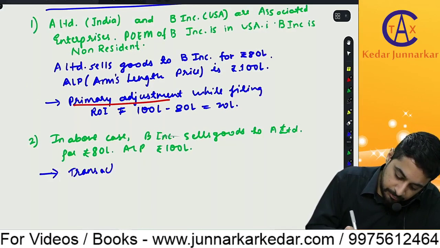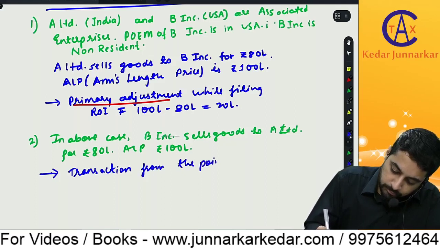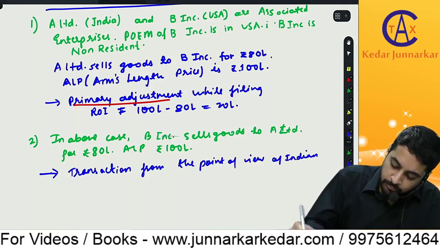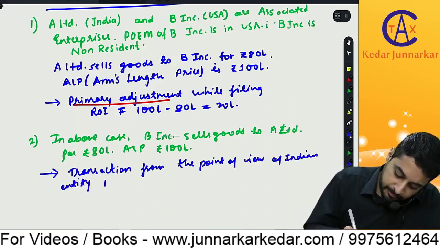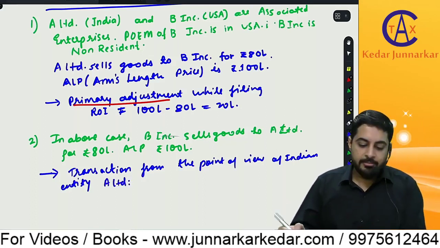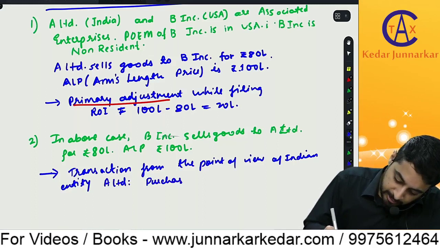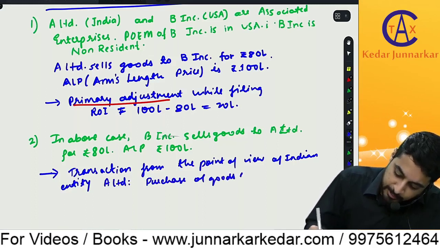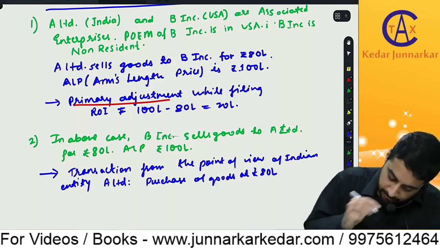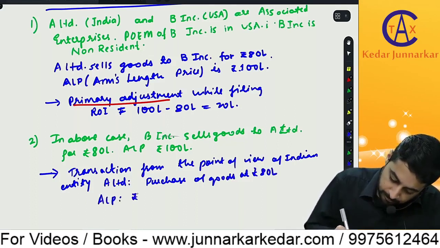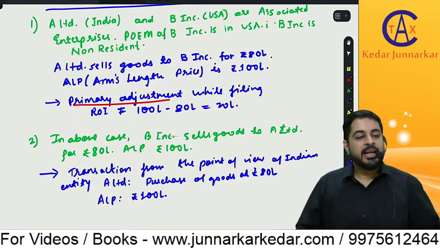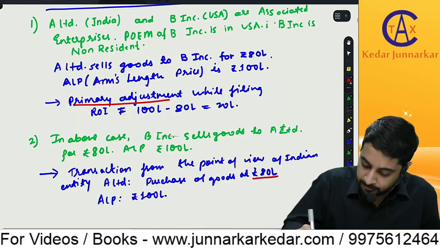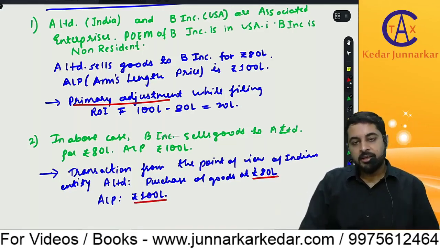So transaction, from the point of view of Indian entity, A Limited is purchase of goods at 80 lakhs and ALP is 100 lakhs. Arm's length price is 100 lakhs. Write down.